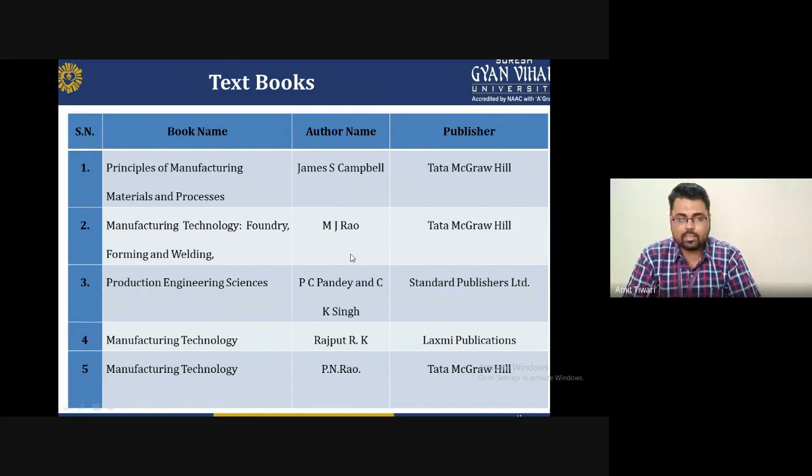Third is Production Engineering Sciences, written by P.C. Pandey and C.K. Singh from Standard Publishers Limited. Fourth is Manufacturing Technology by R.K. Rajput from Laxmi Publications. And the fifth is Manufacturing Technology by P.N. Rao from Tata McGraw Hill.